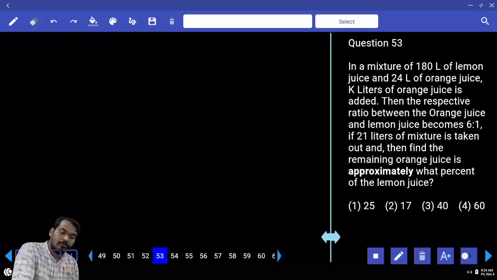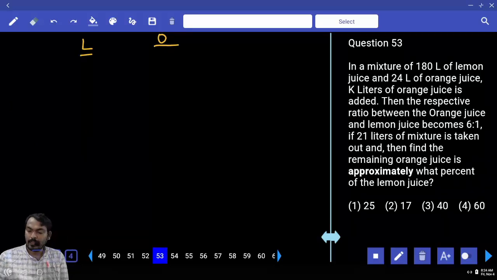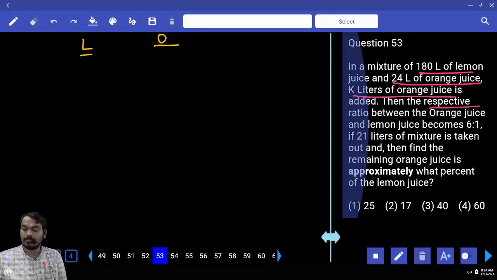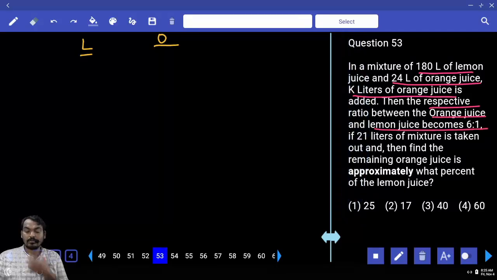Okay. One is lemon juice, another one orange juice. Initial lemon is how much? 180. Initial orange 24. We are adding k liters of orange. After adding k liters of orange, the ratio of orange juice and lemon juice becomes how much? 6:1.